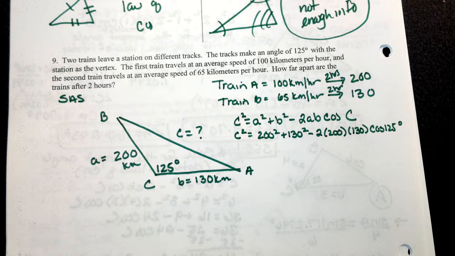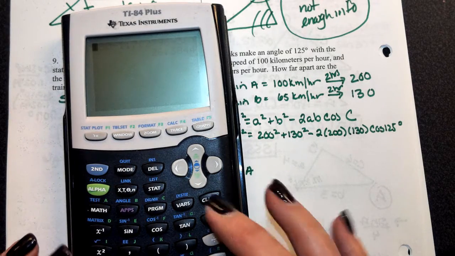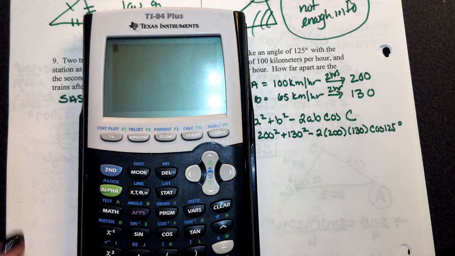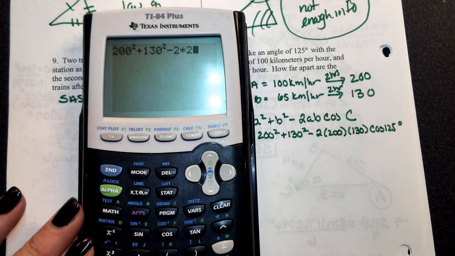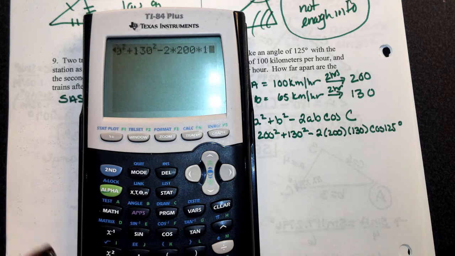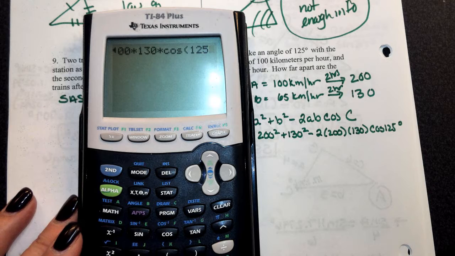So again, I'm just going to type this in my calculator. So 200 squared plus 130 squared minus 2 times 200 times 130 times the cosine of 125.